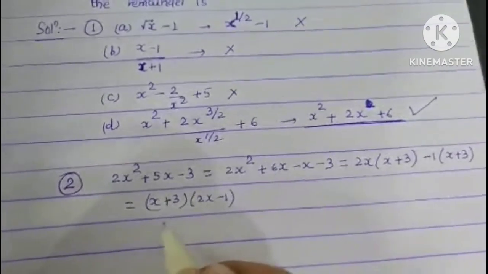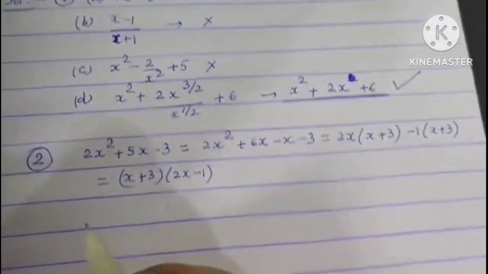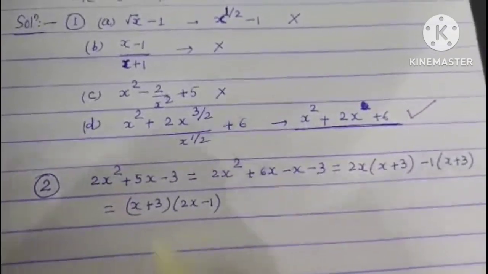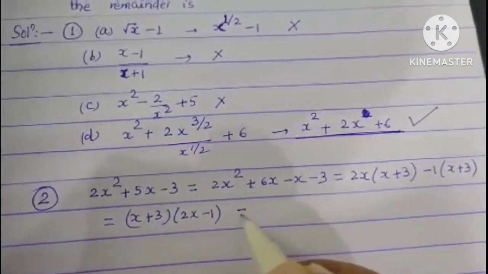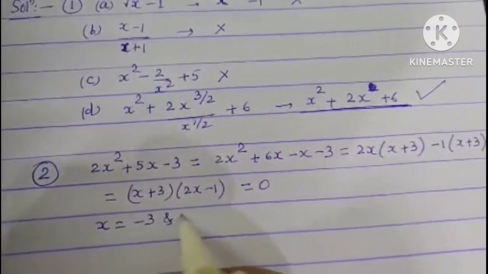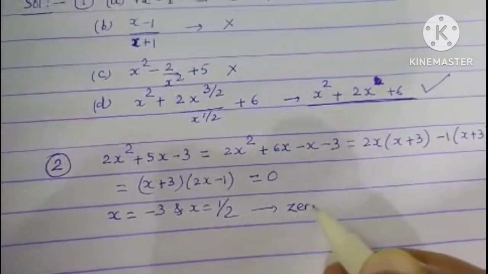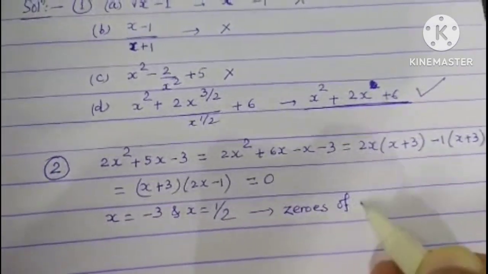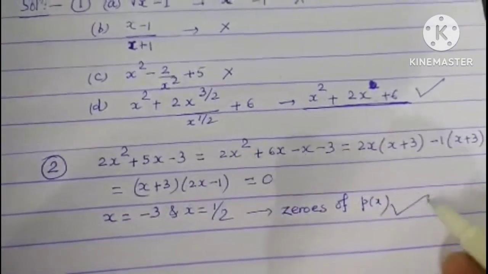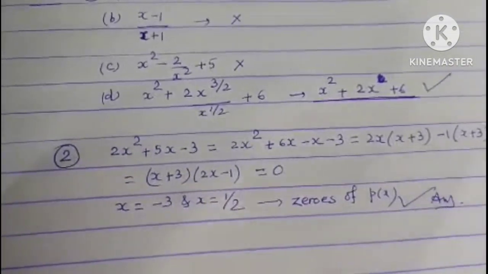And when you make it 0, let us set this equal to 0, then x equals minus 3 and x equals half. So these will be the zeros of the polynomial p(x), let us suppose. This is the answer, minus 3 and half.